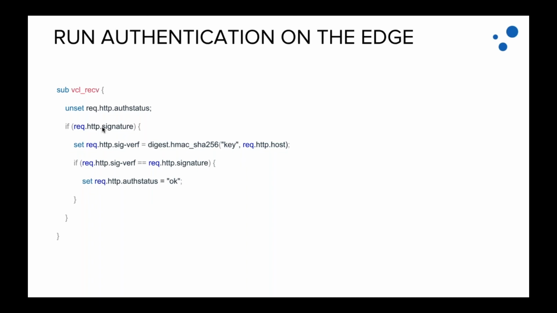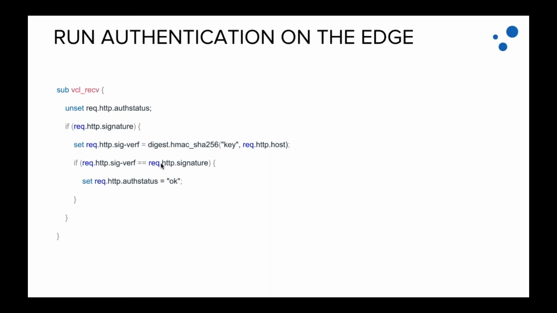So the user will send a request including a signature header, and using a Varnish module called the digest vmod, that's documented on our website, we are going to run a verification on the signature and make sure that the user is indeed who she or he claims to be.